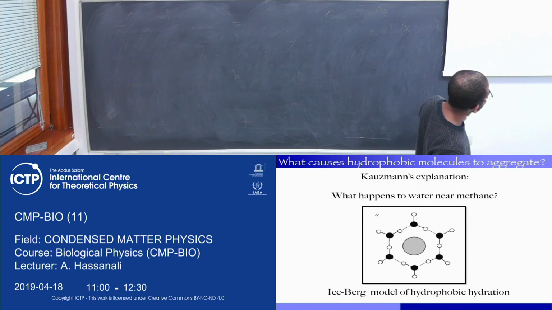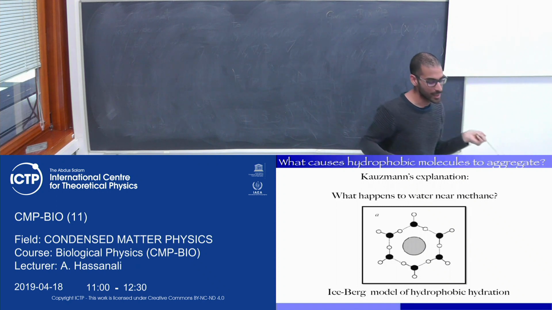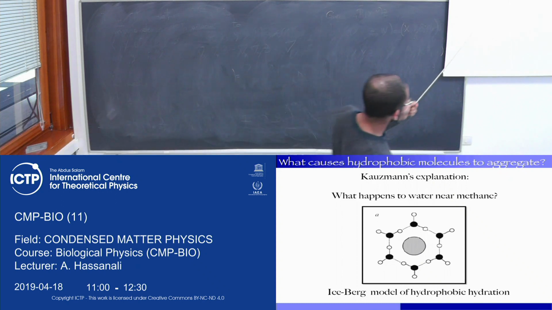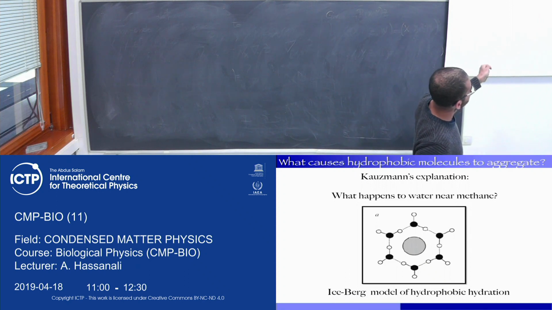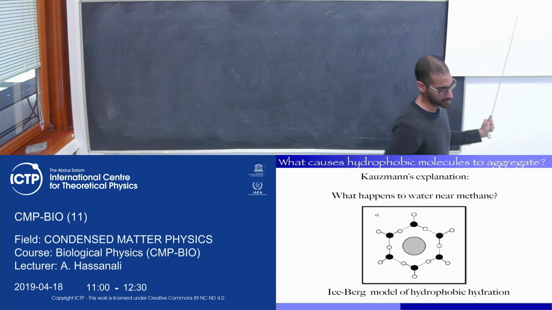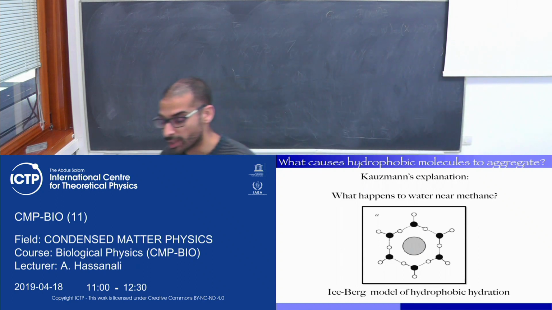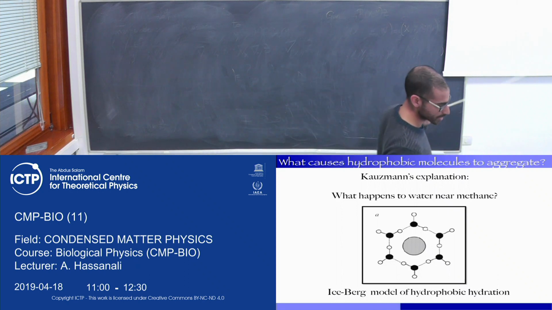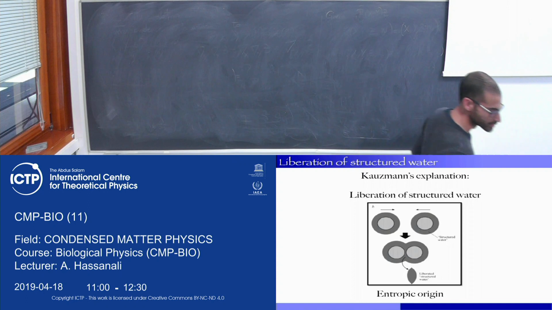So what Kauzmann suggested was that water forms ice-like cages. This is a picture representation of an ice cage. And this was an idea that caught on quite a bit in the community: that water around a hydrophobic solute, and also around proteins, would be significantly perturbed structurally and dynamically. So it would be more ice-like, it'd be slower. This was known as the Iceberg Model. Why was this model invoked?